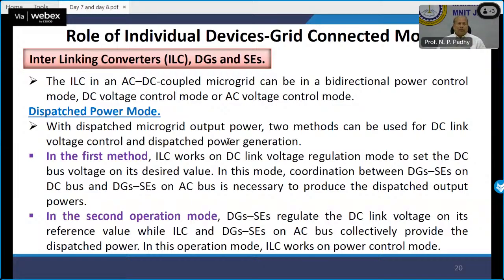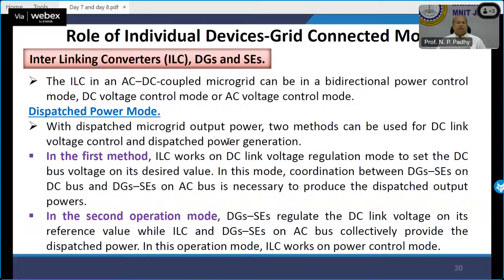All of you please focus: ILC is a very, very important part in a hybrid microgrid. So the ILC in an AC-DC coupled microgrid can be in bidirectional power mode, okay, DC to AC, AC to DC, DC voltage control mode, or AC voltage control mode. All three options are possible, okay. That you have to decide actually.